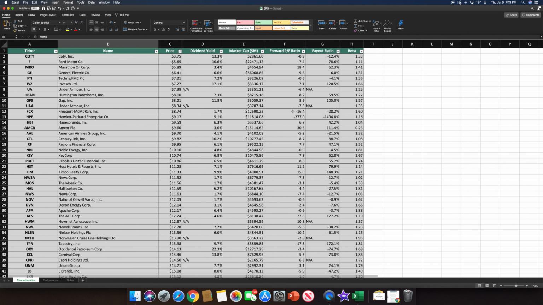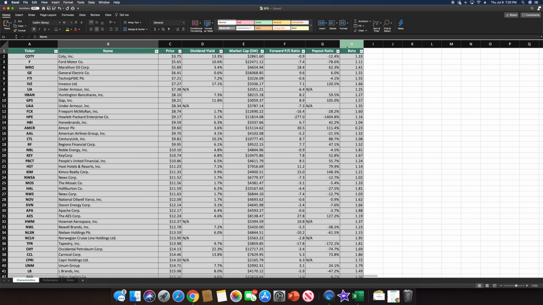So a stock that has a 27.8 price to earnings ratio tells you that it's making $27.8 per share. Now this says forward price to earnings ratio. So this is an estimate of what analysts think the future price to earnings ratio will be.